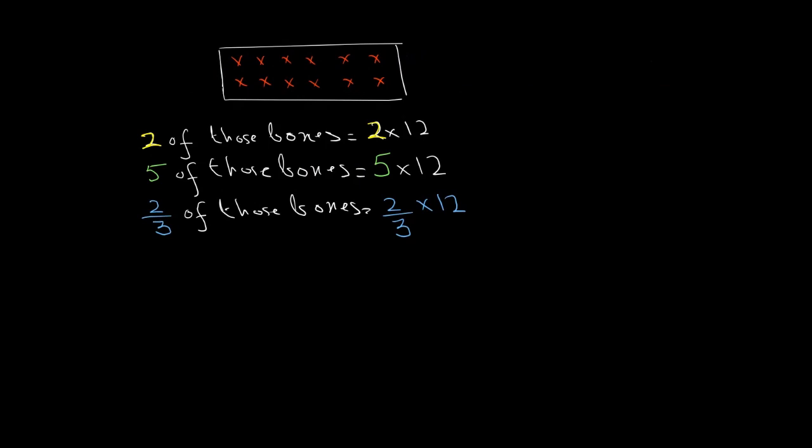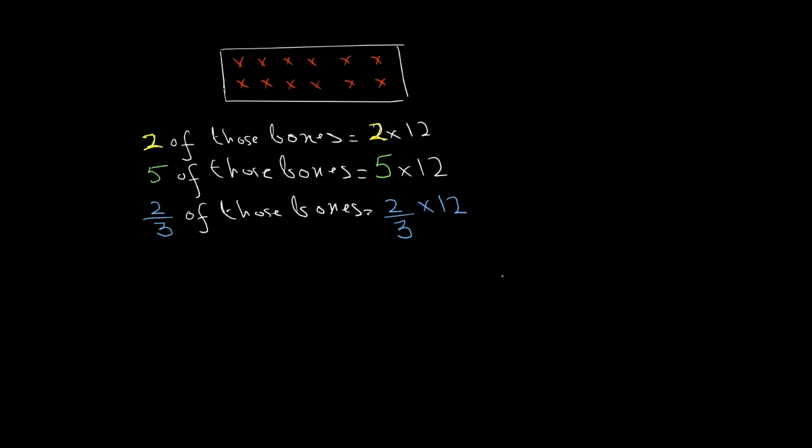So now let's find how can we give 2/3 of those boxes. Well, what I can do is break up my box into thirds. I can take my 12 eggs and divide them by 3 to get 4 eggs. So now I have my box broken up into 3, and then I can take 2 of these.